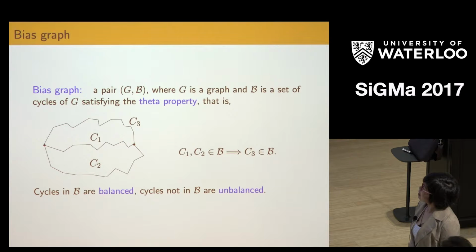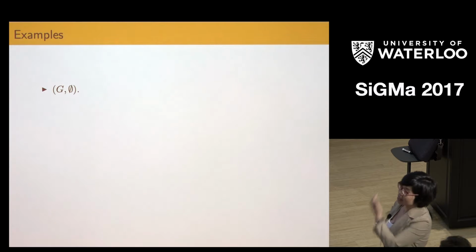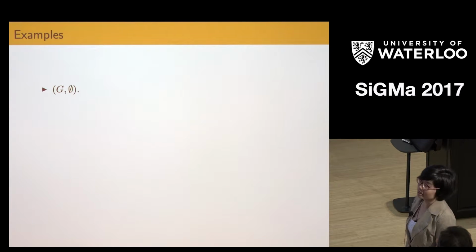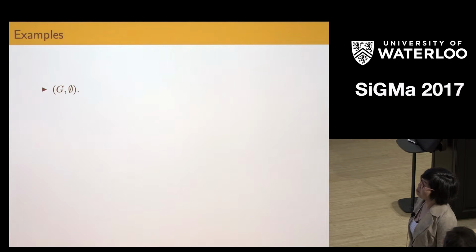And we call the cycles in B balanced, and the cycles not in B unbalanced. For example, if B is empty, it obviously satisfies the theta property. Also, it is the biased graph called a contrabalanced graph.